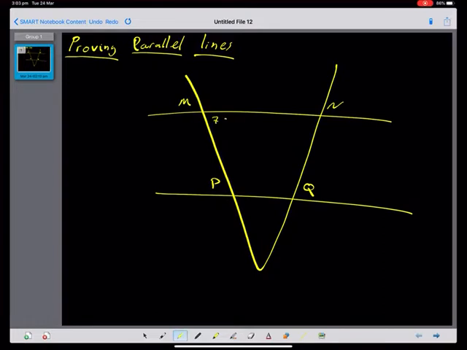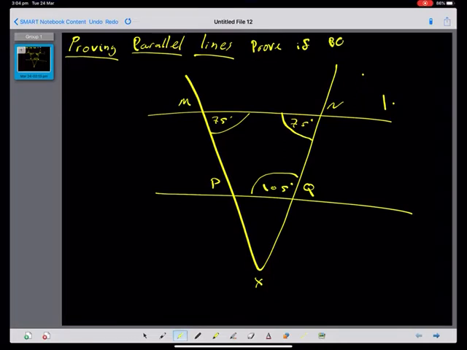Let's have a look at 75, 105, and let's call that X. Pause the video, and the question is: prove if PQ is parallel to MN.